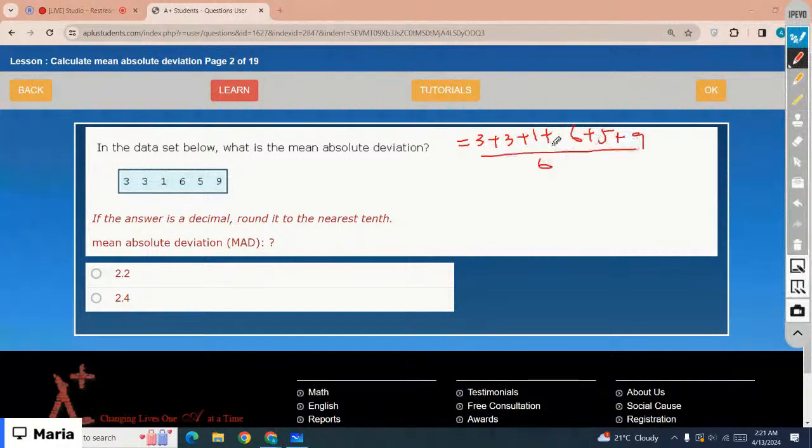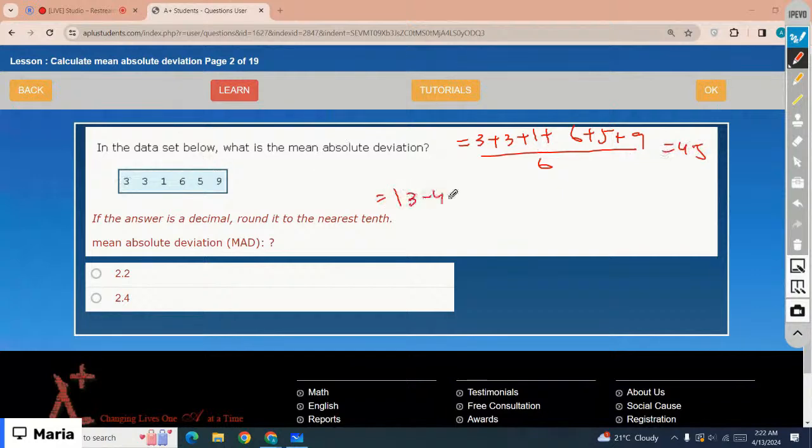That sums to 27, and 27 divided by 6 is 4.5, right? The mean is 4.5. Now let's subtract each value in the data set from the mean.